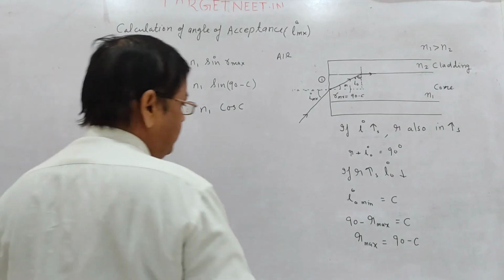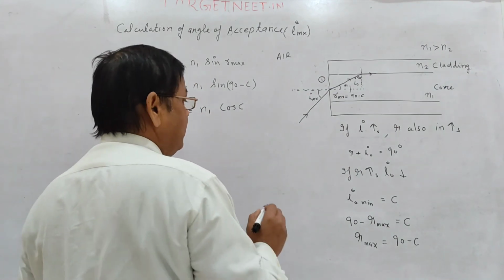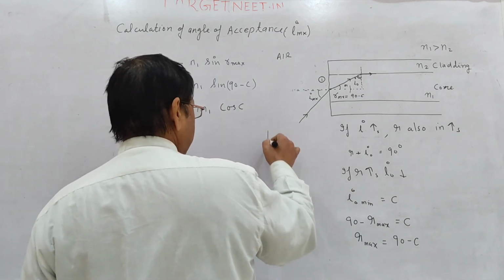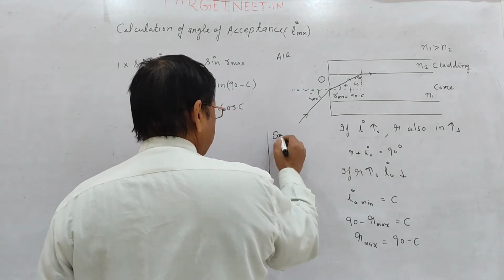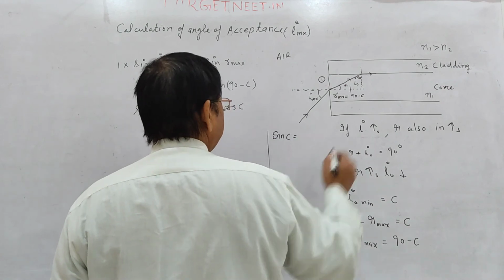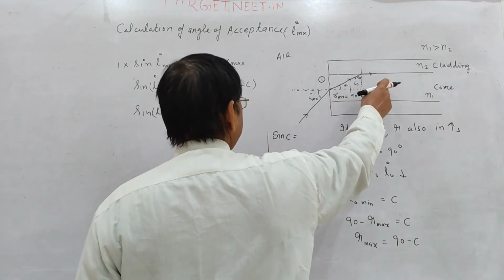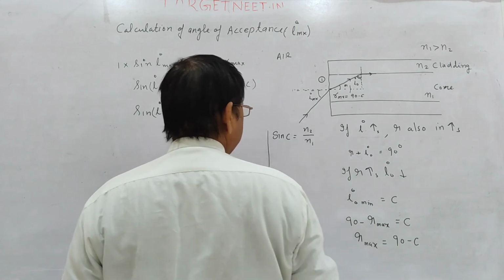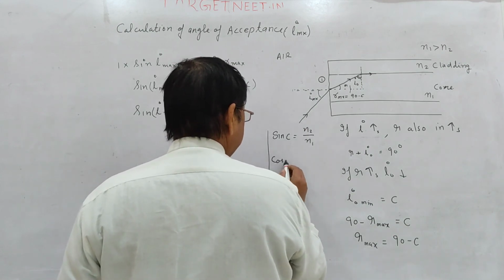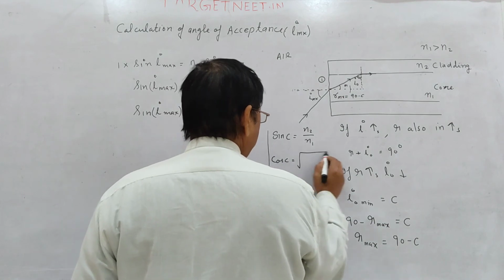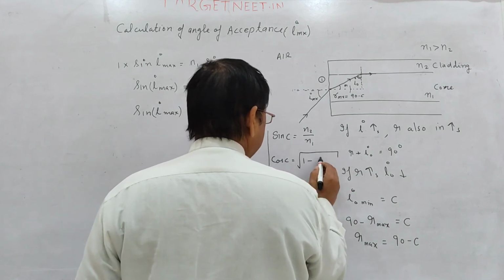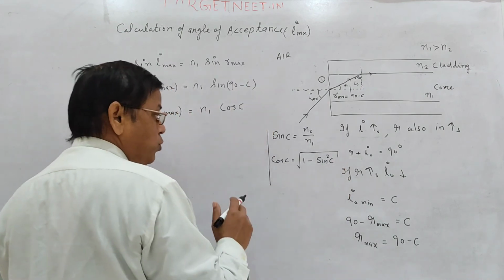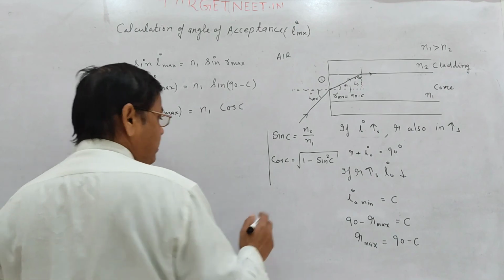Now we know that sin C is the ratio of the refractive index of the rarer medium to that of the denser medium, so N2 upon N1 in this case. So cos C is under root 1 minus sin squared C, because sin squared theta plus cos squared theta is equal to 1.